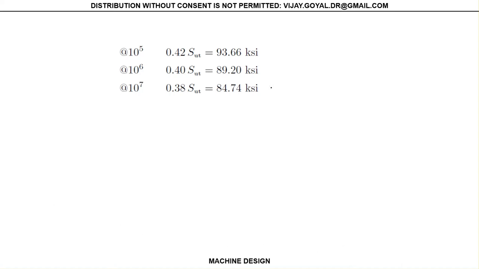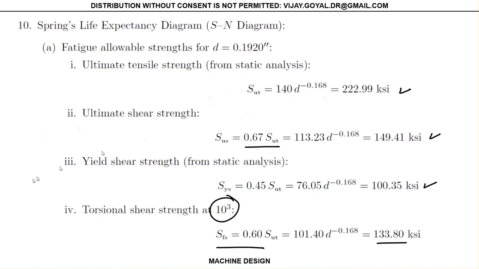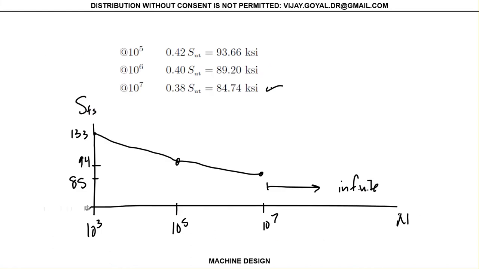So now you can draw your diagram. Your diagram is going to look something like this, where this is the value at 10 to the 3. Remember, you can plot if you wanted this value at 10 to the 0, just extend this line, and maybe at 10 to the 0, somewhere there, you can plot the other value that will be way up here, but that's not necessary.